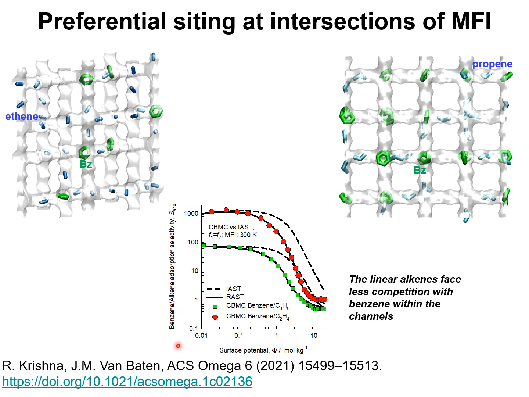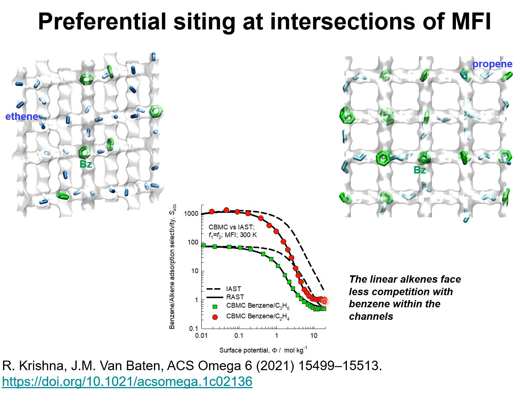This graph plots the benzene alkene adsorption selectivity against the surface potential for binary mixtures of benzene and ethene, shown by the red circles, and the green squares represent the CBMC results for the adsorption selectivity for benzene propene mixtures.